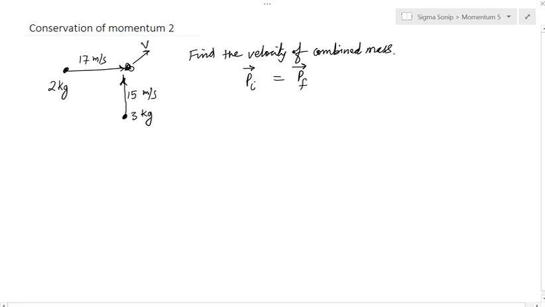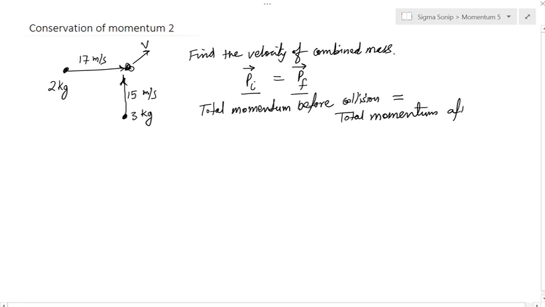So we are going to find the initial momentum first. I can write this in words as well: total momentum before collision equals total momentum after collision.